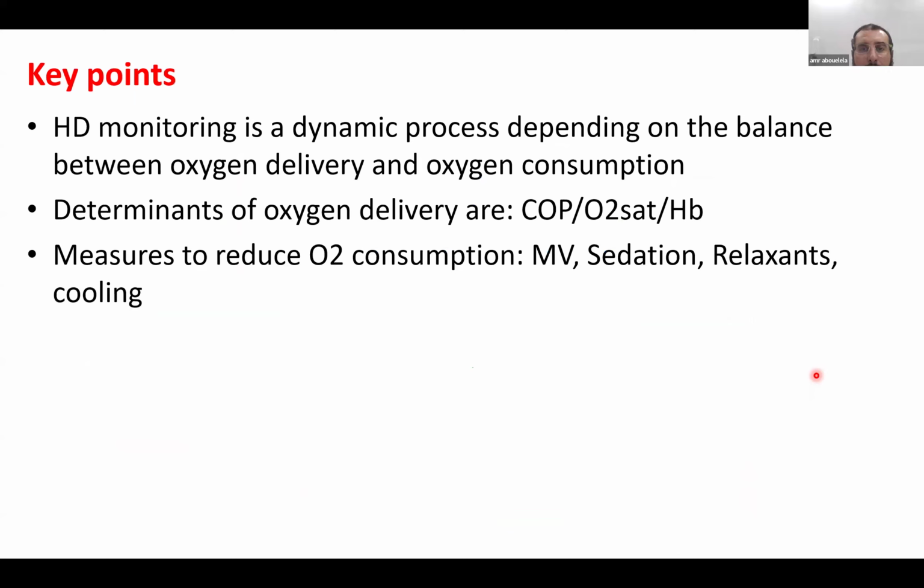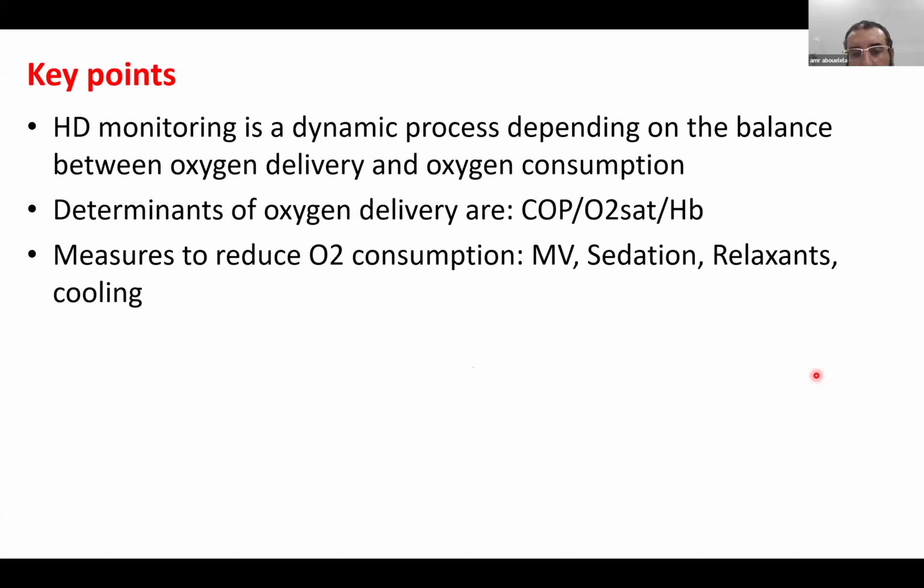So to summarize the last part, the part we finished already from this presentation, some important key points. Hemodynamic monitoring, as we mentioned, is a very dynamic process depending on the balance between oxygen delivery and oxygen consumption. The determinants of oxygen delivery are three players, as we mentioned: the cardiac output, oxygen saturation, and hemoglobin. All should be optimized to maintain the maximum oxygen delivery.